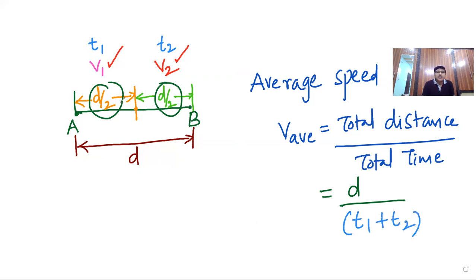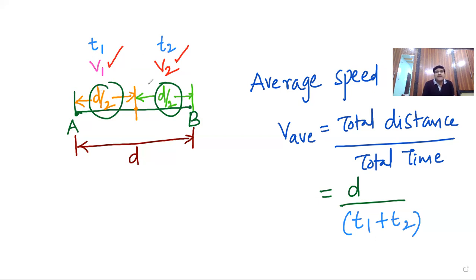Total distance is D by 2 plus D by 2, which is D. Anyhow, we know A to B is directly D. But we don't know the time, because half of the distance is at one speed V1; let us say the time is T1. The remaining D by 2 is at another speed V2; let us say the time is T2. Hence, total time is T1 plus T2.